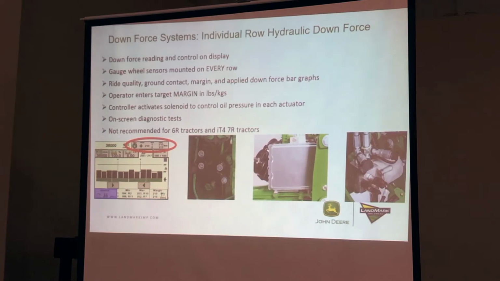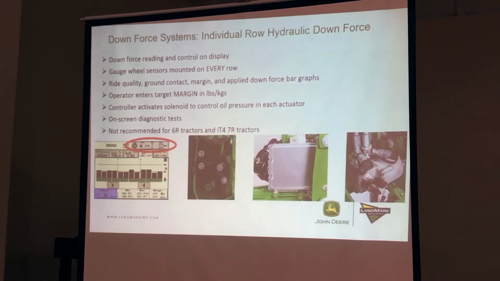Then we get past that, what we have on this planter here is our individual row unit hydraulic downforce system. It's going to have the downforce reading on the display and everything like our active system, but it's going to have gauge wheel sensors in every row, and it's going to make adjustments to individual rows up to 5 times a second.